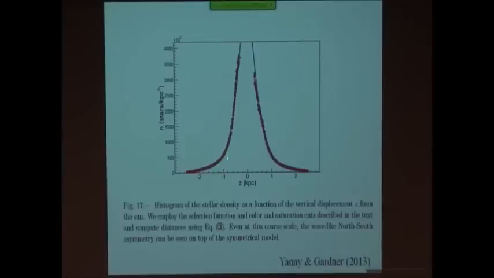What they showed is that there are more counts in the north than the south at 1 kiloparsec above and below the plane, but if you go up here to half a kiloparsec, there's more in the south than the north. Okay? So there look like there are vertical oscillations in the density of stars above and below the plane at the position of the sun. And this is a paper from 2003.